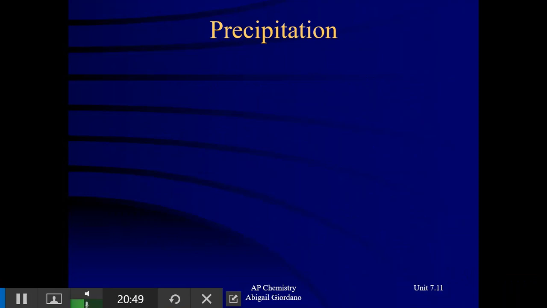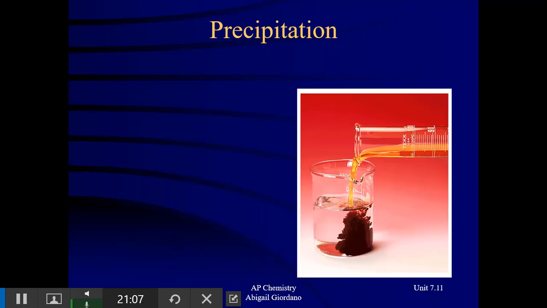All right, now, on occasion, you'll see questions that will give you some circumstances, give you some numbers, and say, will a precipitate form when we mix these two solutions together? And this is what the formation of a precipitate might look like.